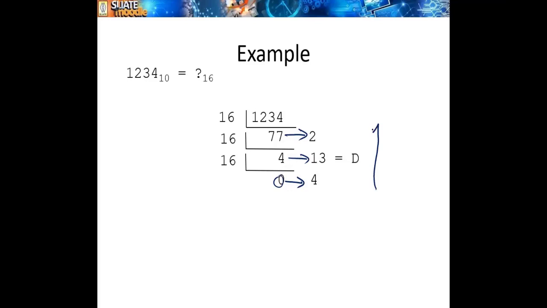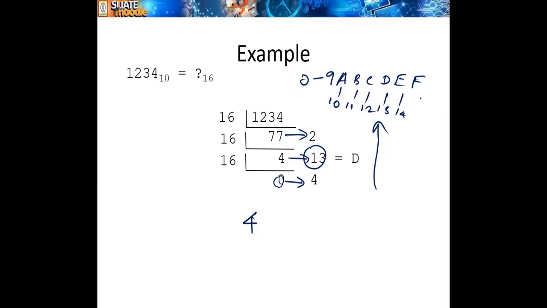Now we have to write 13 as a letter. 0 to 9, then A, B, C, D, E, F. A is 10, B 11, C 12, D 13, E 14, F 15. So 13 is D. So 4D2. The answer is 4D2 in base 16.